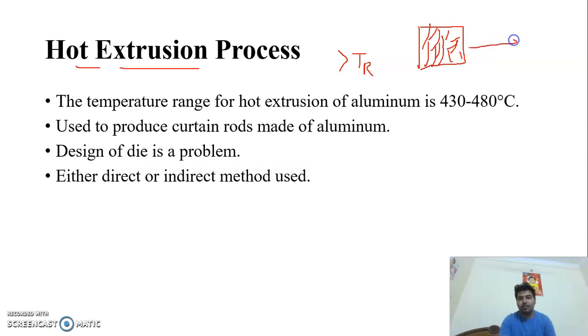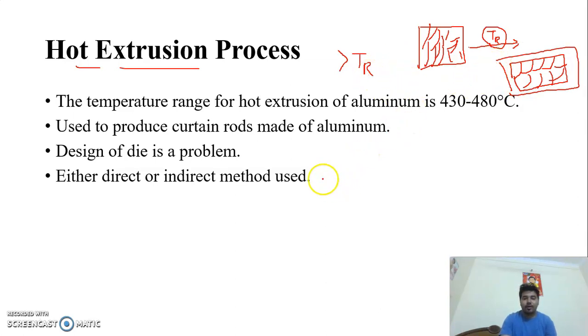So we have to give the temperature to the metal so that we get grains of regular, uniform size and shape. If the temperature reaches the recrystallization temperature, then we get uniform grain boundaries and uniform grains.